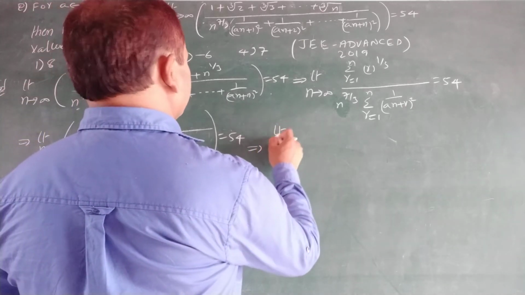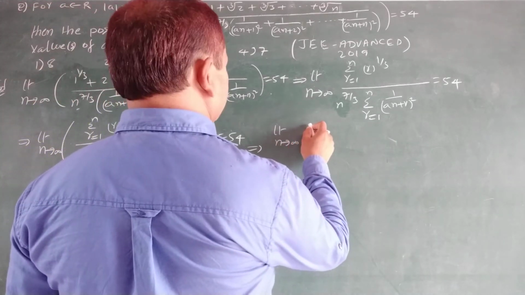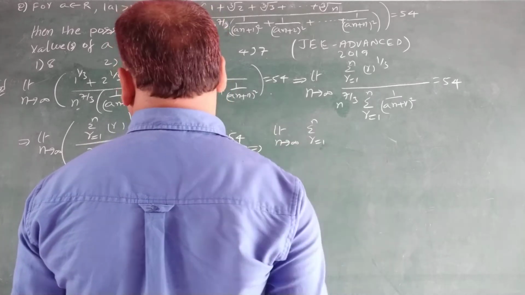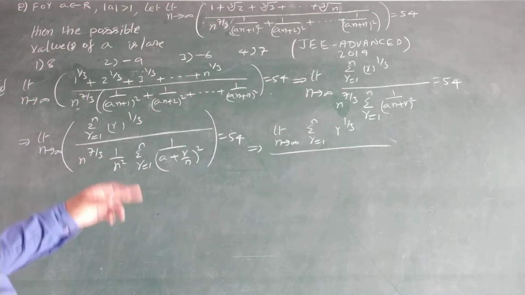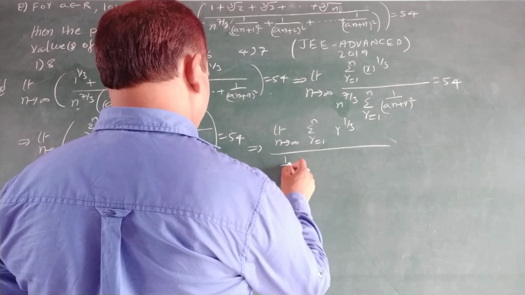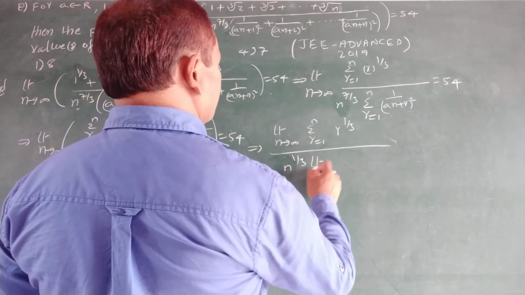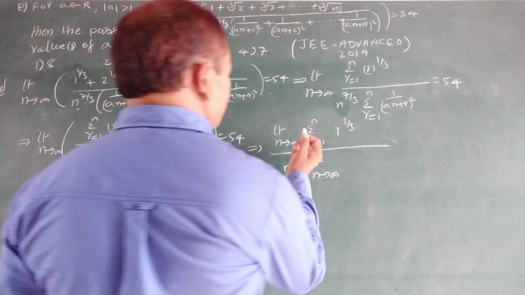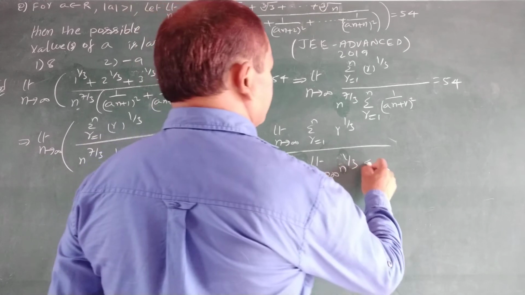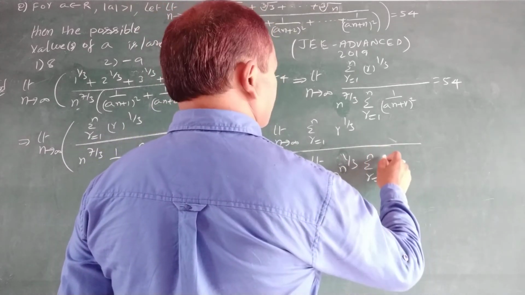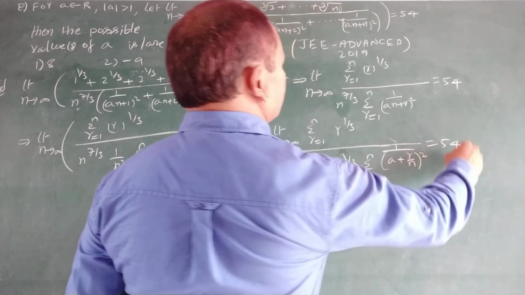The n squared gets cancelled, leaving 1/n^(1/3), so the limit of 1/n^(1/3) times the sum r = 1 to n of r^(1/3), divided by the limit of 1/n times the sum r = 1 to n of 1/(a + r/n)^2, is equal to 54.